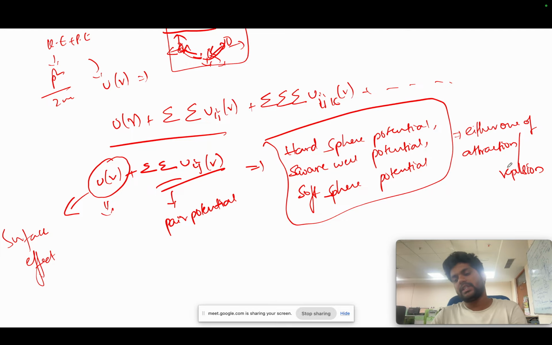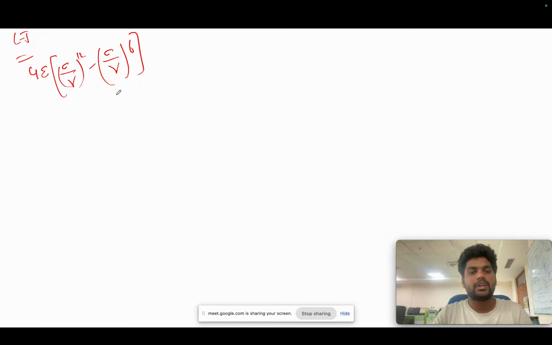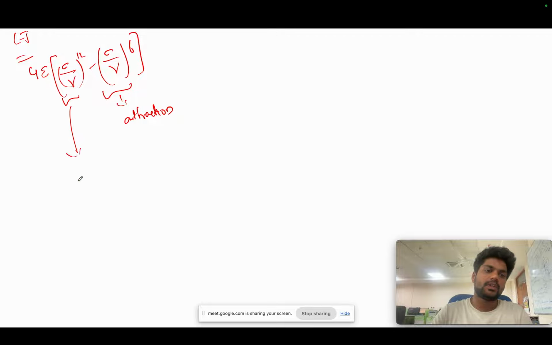So to discuss the short range, we have the LJ potential, where it deals with 4 epsilon of sigma by r. This term indicates the attraction, and this term indicates the repulsion of u of r.